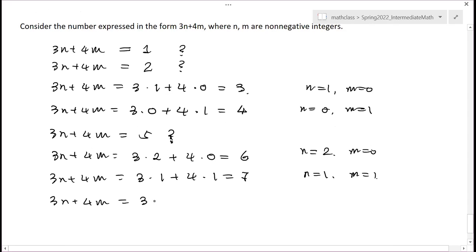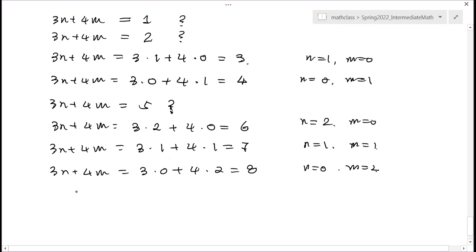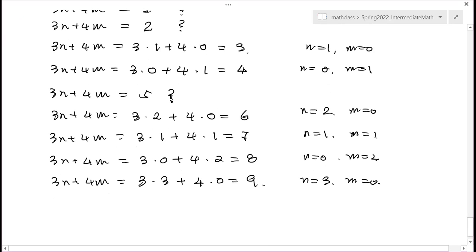And you are surprised, I can always do that. How about 9? Nine is 3 times 3 plus 4 times 0, so n equals 3, m equals 0. So I never have any problem right now. I can always express any integer larger than 5 as a combination of a multiple of 3 and a multiple of 4.